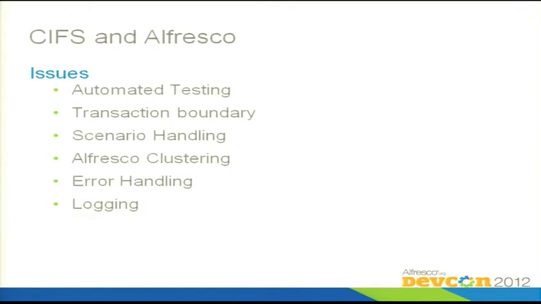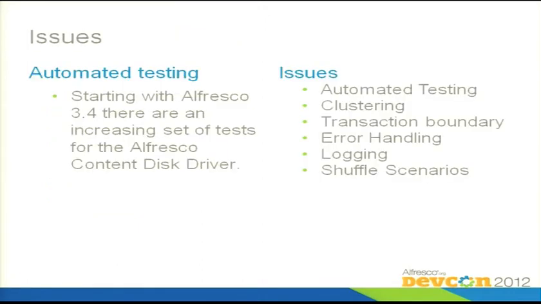But the big one was the way we handle all these scenarios and shuffles. So the first thing we did, starting with 3.4, is that we started building out a unit test suite for the piece of code that's called the Alfresco content disk driver, which is the bit of Alfresco that is responsible for taking what JLAN's giving and storing the data in the repository.